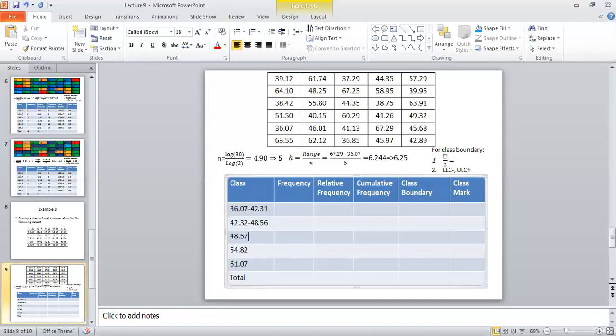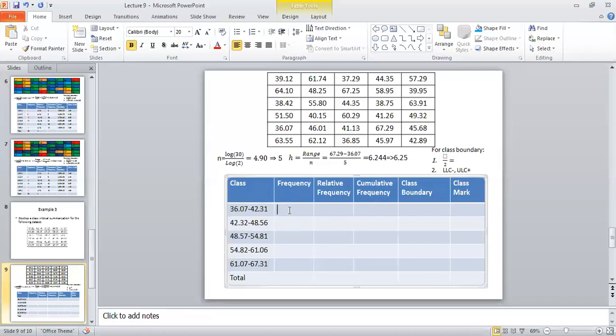Likewise, 48.57 plus 6.24 becomes 54.81, and 54.82 plus 6.24 gives 61.06, and 61.07 plus 6.24 gives 67.31. And so this fills our first column.